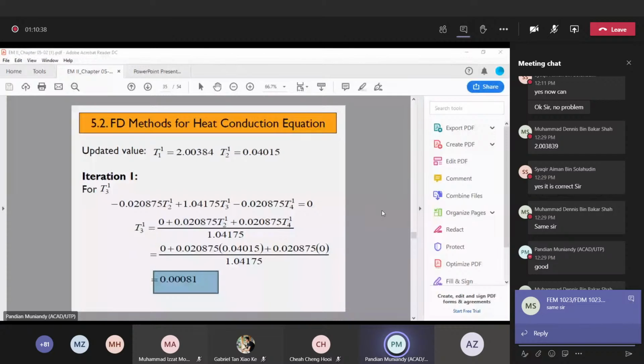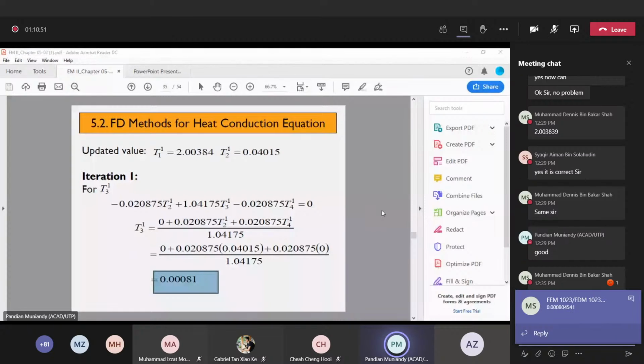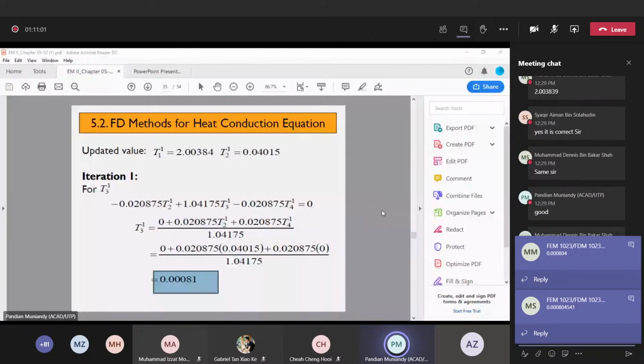Mohammed Dennis, what is your value? Can you type the value, please? 0.00804, okay, 8045. You can make it 804.